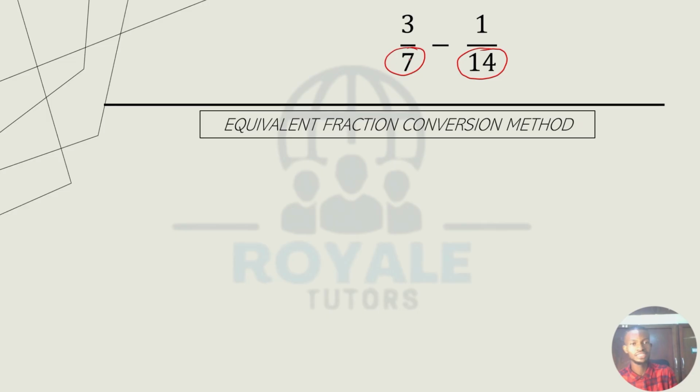That is, 7 is a factor of 14. So because 7 is a factor of 14, then we can use our EFC method, which is equivalent fraction conversion. So we have 3 over 7 minus 1 over 14.